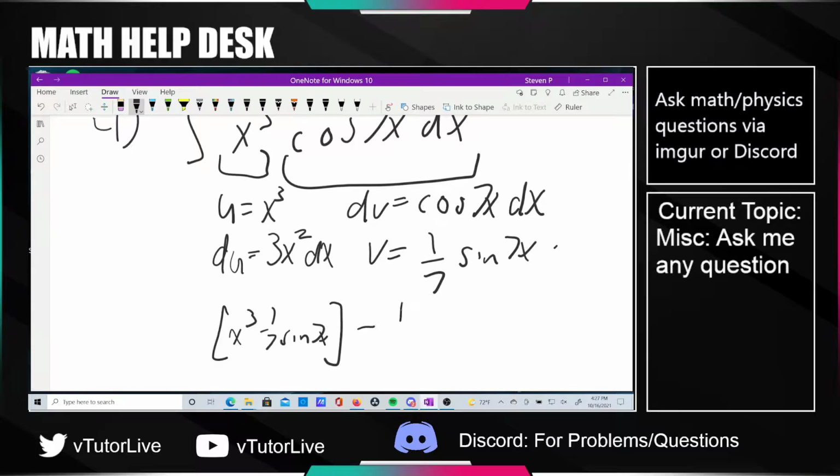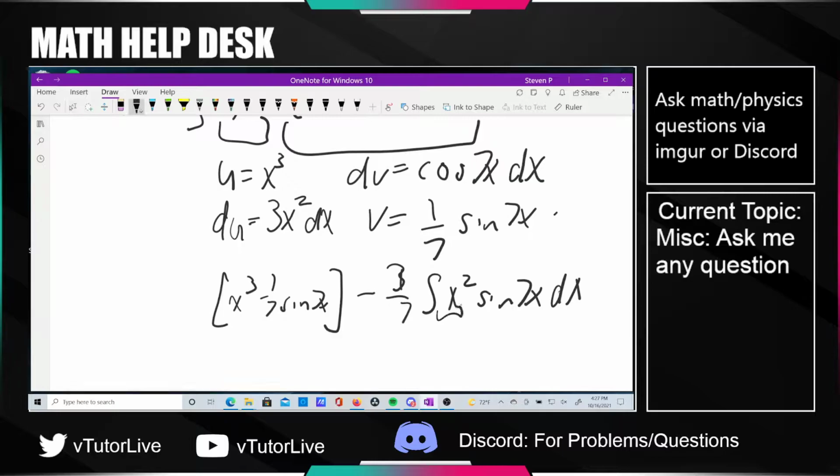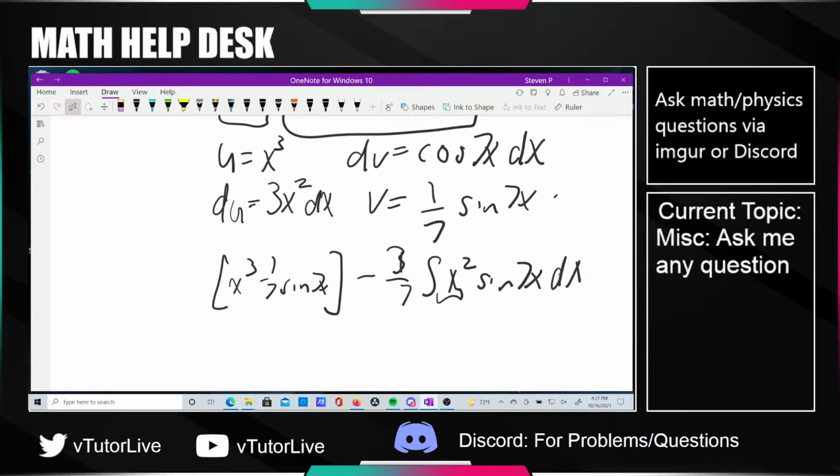Like I said, you multiply through, I guess that's 3/7, and this turns into x squared sine of 7x. And what you have is something pretty similar to your initial integral, except instead of x cubed, it's x squared, which means that you've made a little bit of progress in bumping down the complexity of this integral. So you would just repeat this process like 2 more times, right?